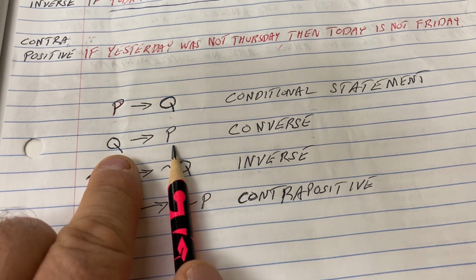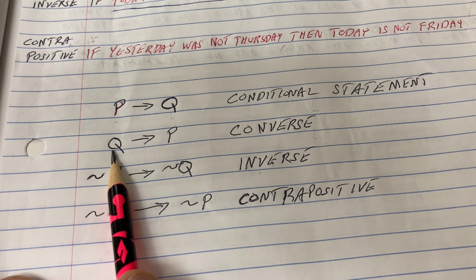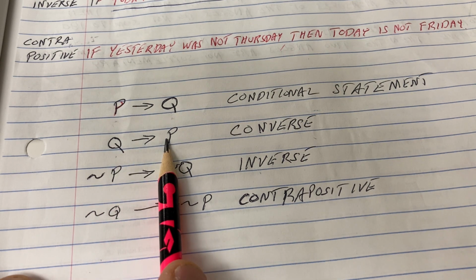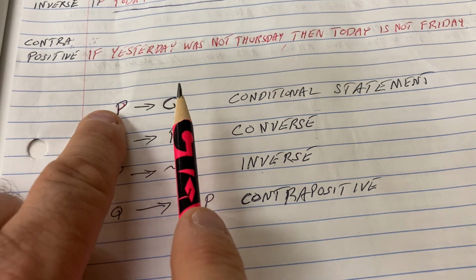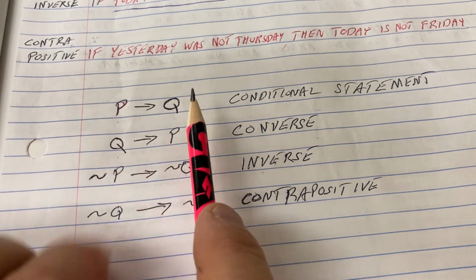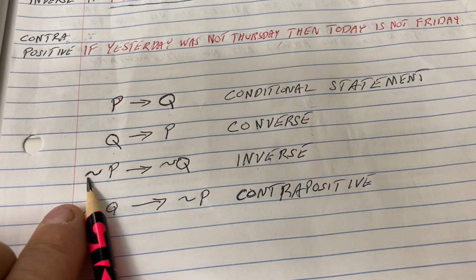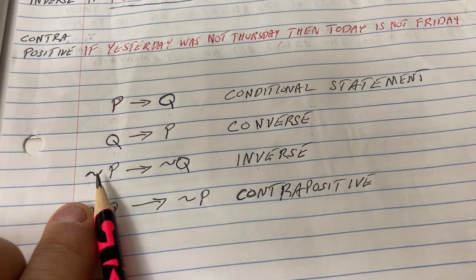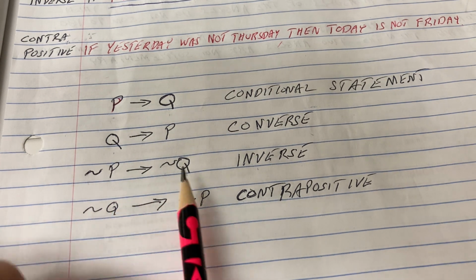This one says if P then Q, and this one says if Q then P. For the inverse, you negate both the hypothesis and the conclusion. These little squiggly lines mean not P, then not Q.